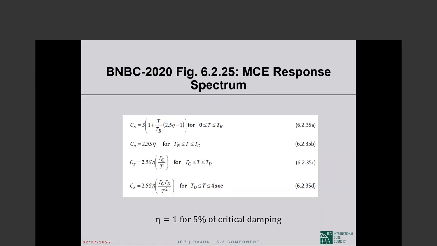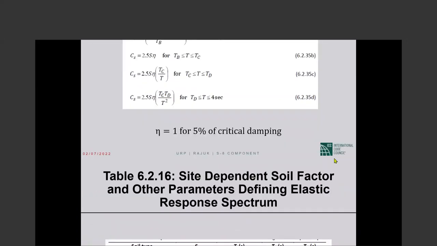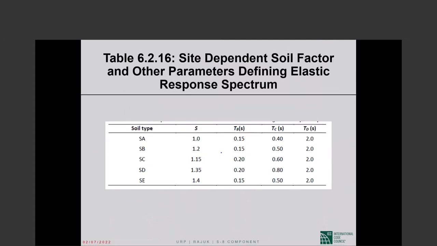The S is the soil factor, as I mentioned to you. I think by now you know every other notation. The only thing is that there is an upper limit of 4 seconds, beyond which the spectra are not defined. That is not the case in the US. We don't stop at 4 seconds.